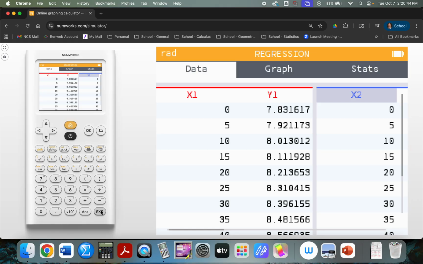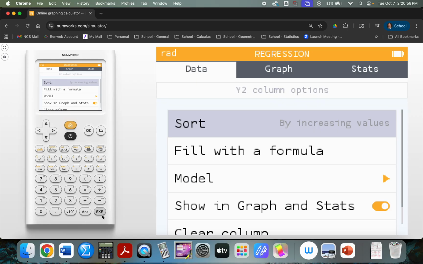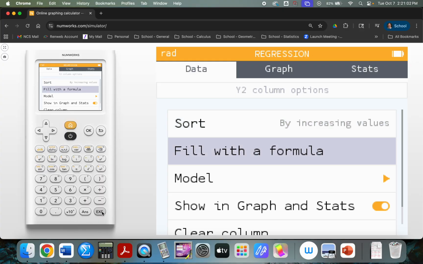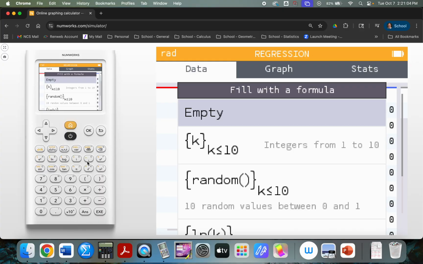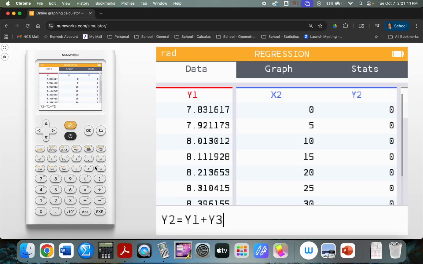Like on the last one where we had to put in natural log for all of them and retyping all that, it takes a while. And then for Y2, I want to fill that with a formula. And I don't really want this sum.